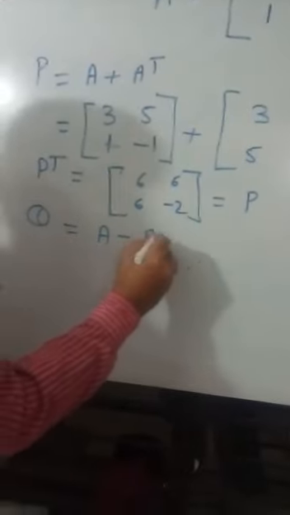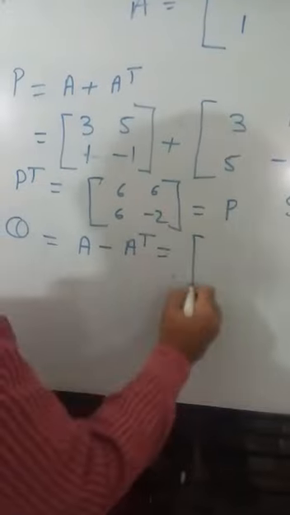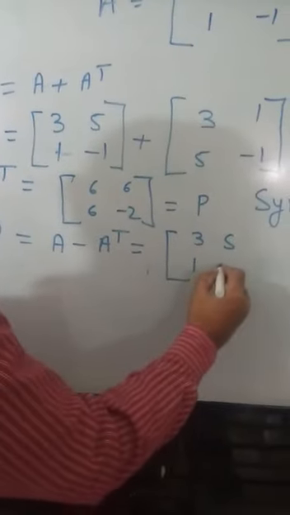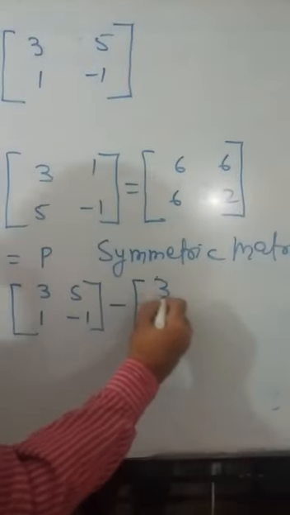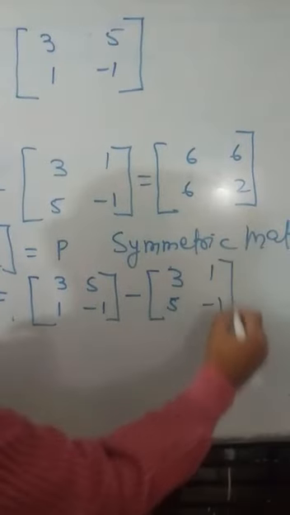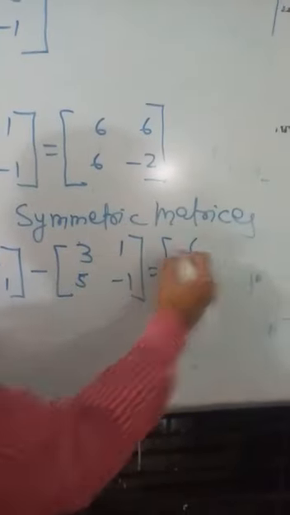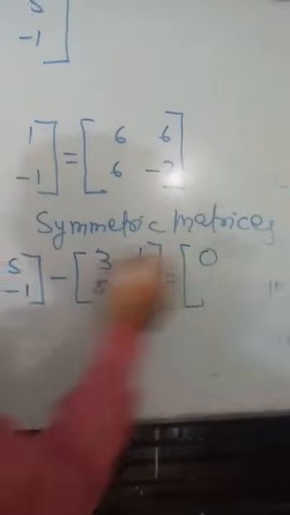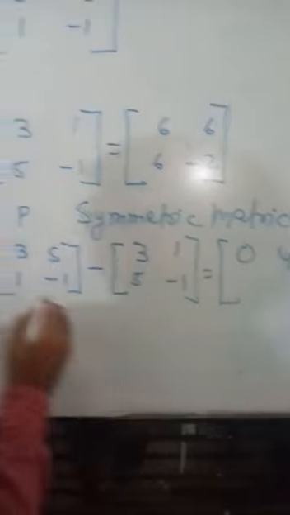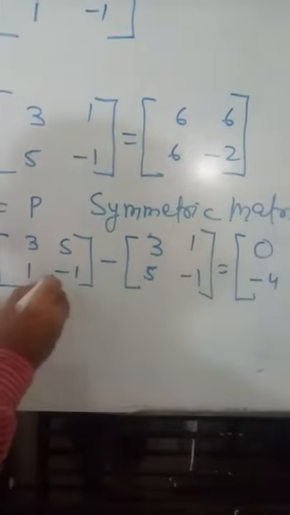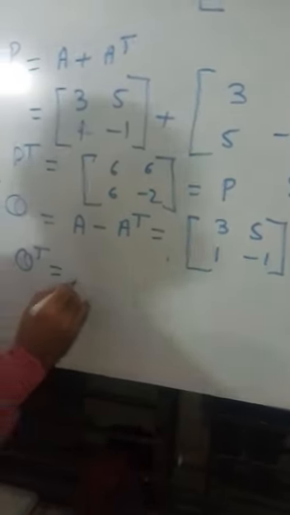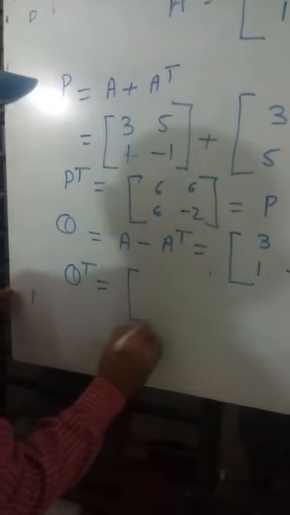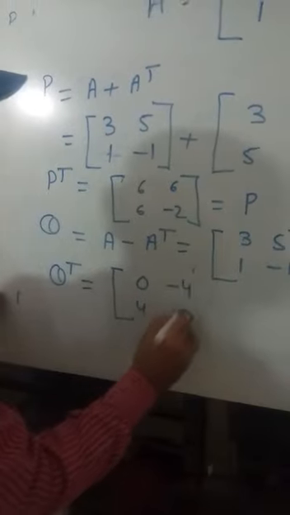On the other hand, you take the matrix and subtract its transpose: 3, 5, 1, minus 1 minus 3, 1, 5, minus 1. It becomes 0, 4, minus 4, 0.